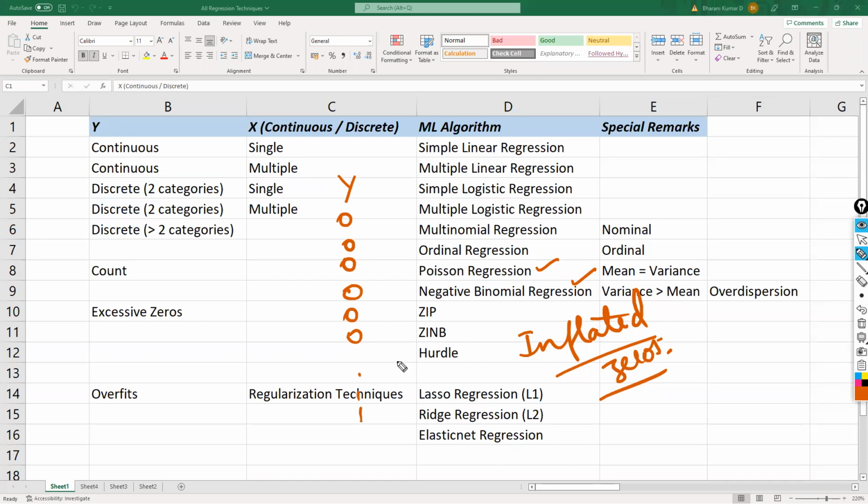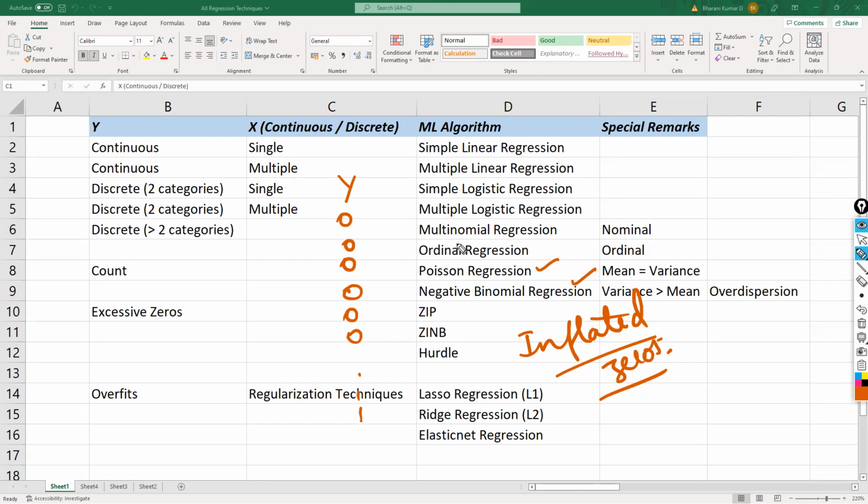So you might say, let me build one algorithm for all these zeros, and I'm going to model those zeros using probably some kind of different algorithm.